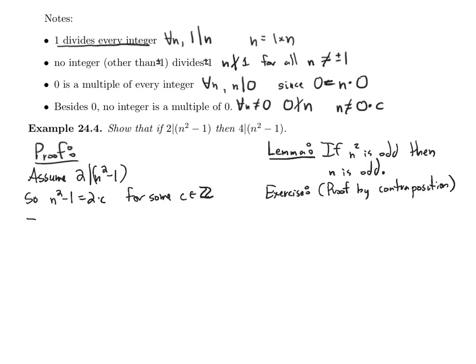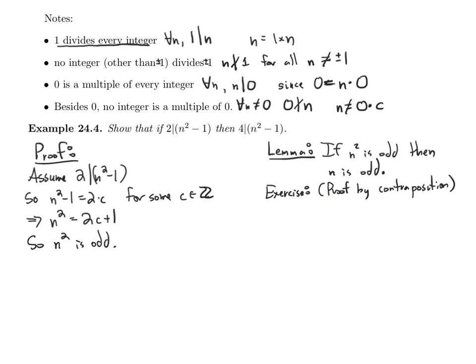And then it follows that if we add 1 to both sides, n squared is 2 times c plus 1. So what do we have here? We have that n squared we wrote as 2 times an integer plus 1. So n squared is odd. That's the definition of an odd number. So we have n squared is odd.